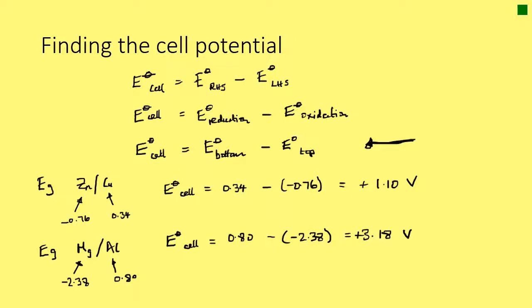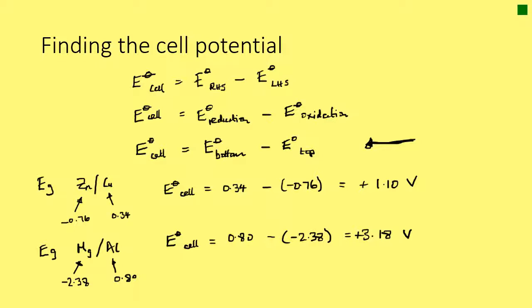So let's have a look at an example. If you were to look at an electrochemical cell consisting of zinc and copper, as we've seen quite a few times, the zinc would go on top because that's got the most negative electrode potential, which is minus 0.76, and the electrode potential of the copper half cell is 0.34, so that would go on the bottom.